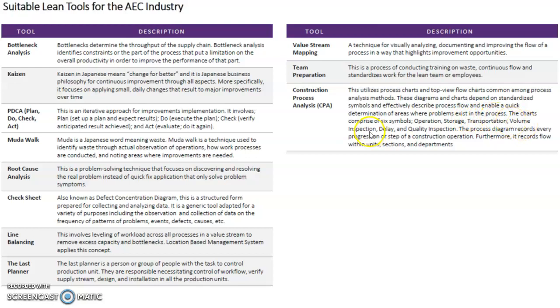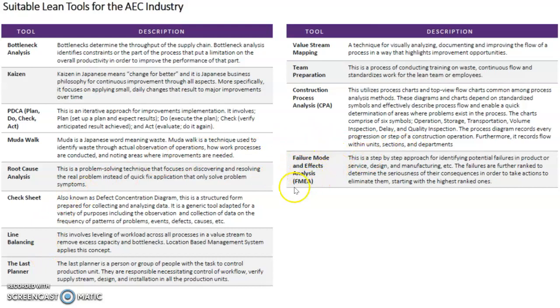The chart comprises 6 symbols: operation, storage, transportation, volume inspection, delay, and quality inspection. The process diagram records every progression or step of a construction operation. Furthermore, it records flow within units, sections, and departments.